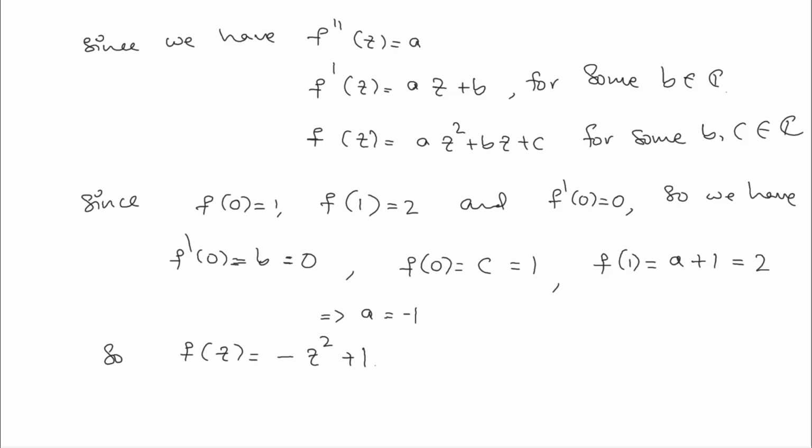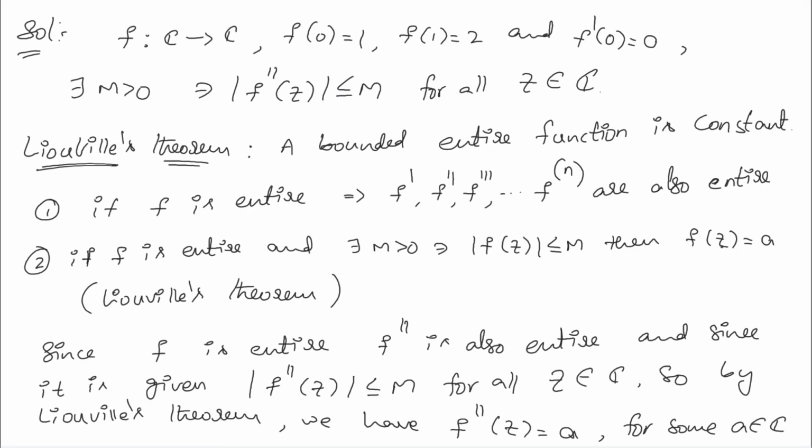Sorry, since a plus 1 equal to 2, we have a is equal to 1 only. So from this we have f of z equal to z square plus 1. This is our entire function which satisfies all the given three conditions.